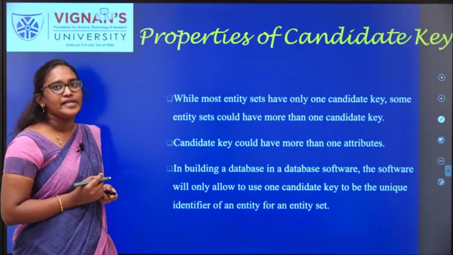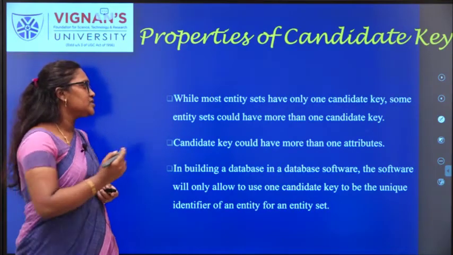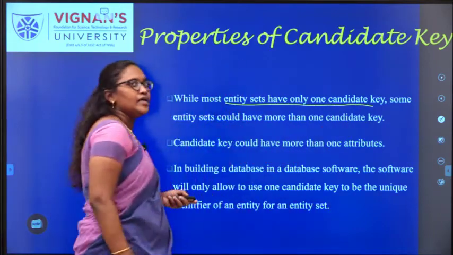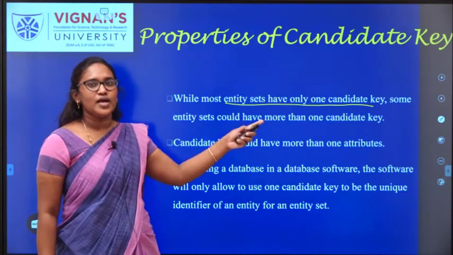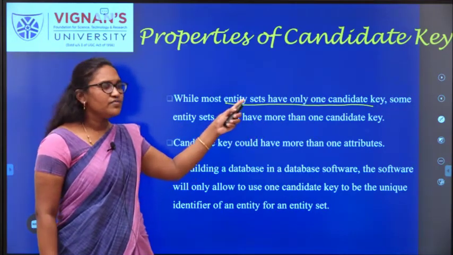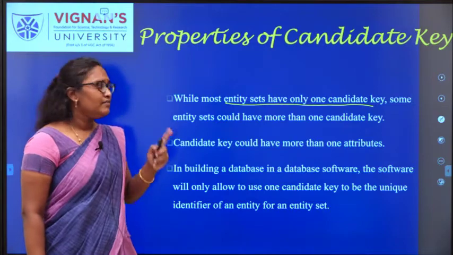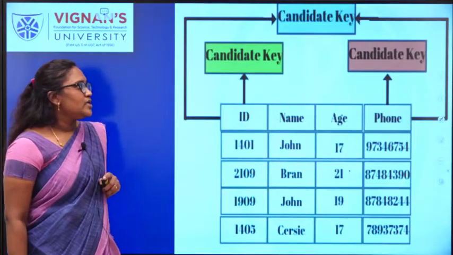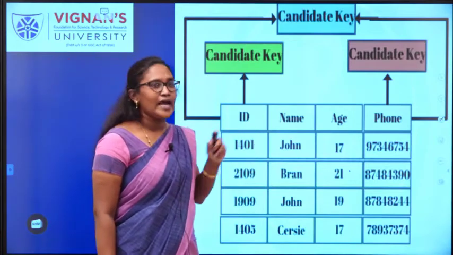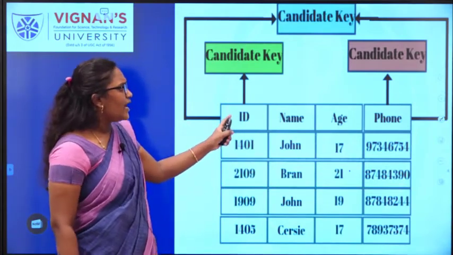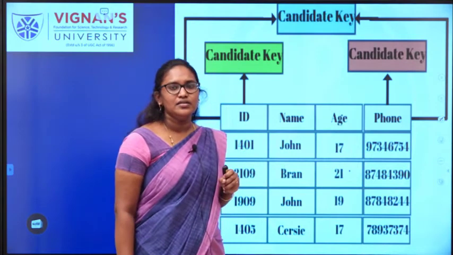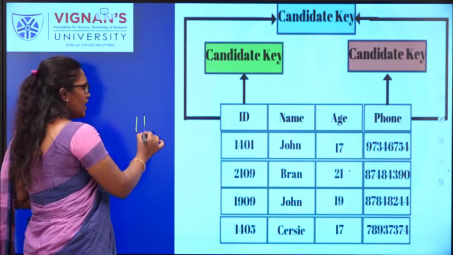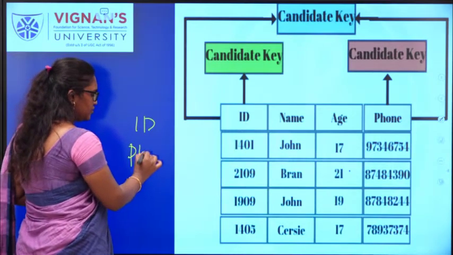So what are the properties of a candidate key? These are the properties. Entity sets have only one candidate key. That means the set of combinations we call one candidate key. So if you observe here, what are called candidate keys? ID and phone will be called candidate keys. For example, ID and phone.